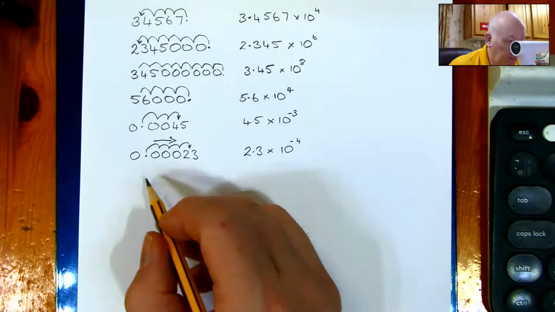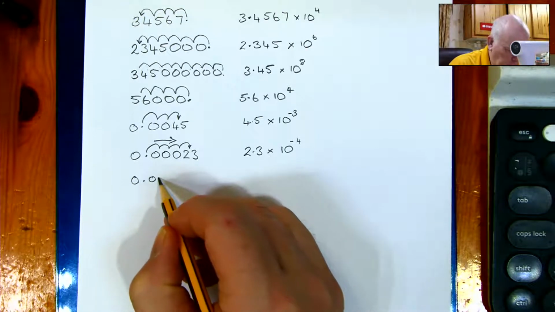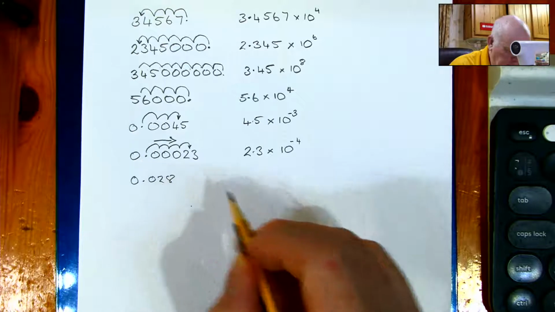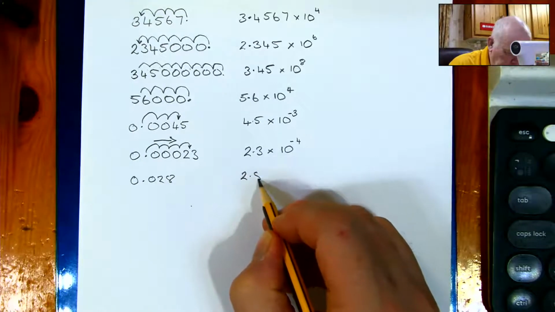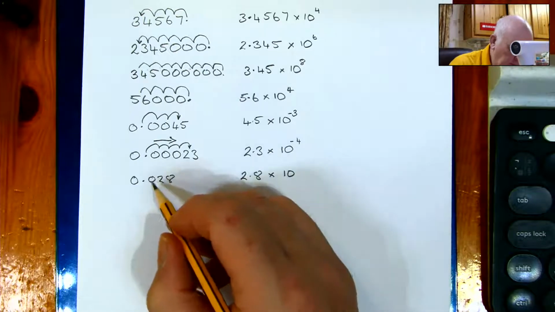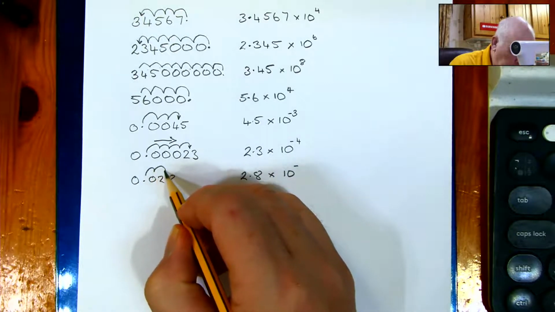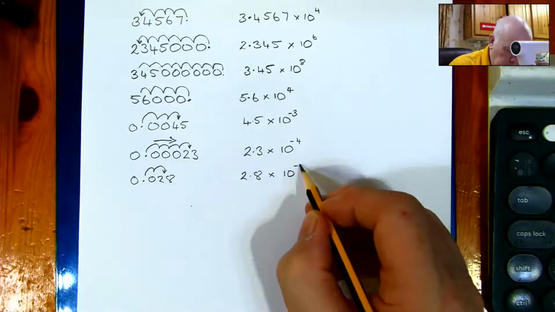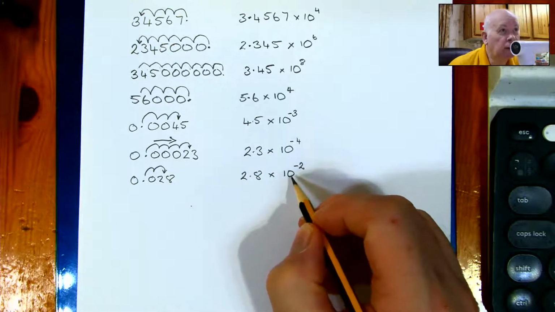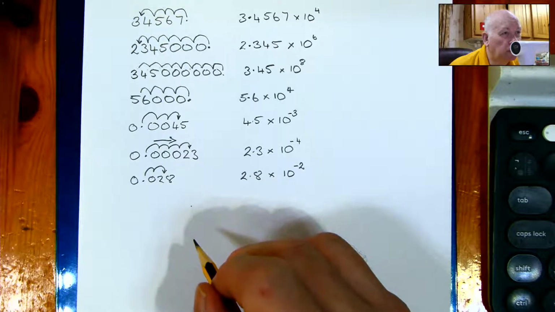Let's have a go. Get another one. 0.028. Let's write that as 2.8 times 10 to the, we know it's going to be minus 1, 2. 10 to the minus 2.